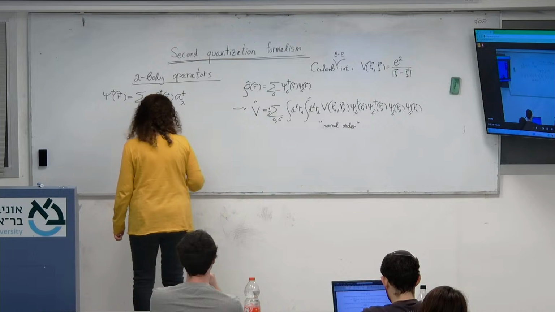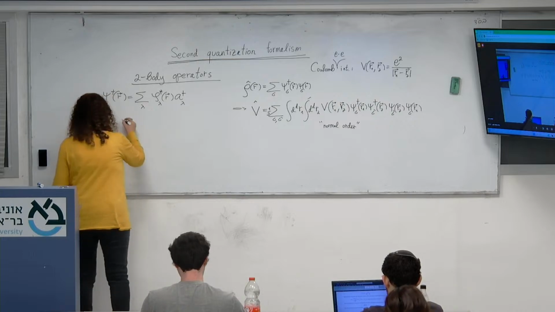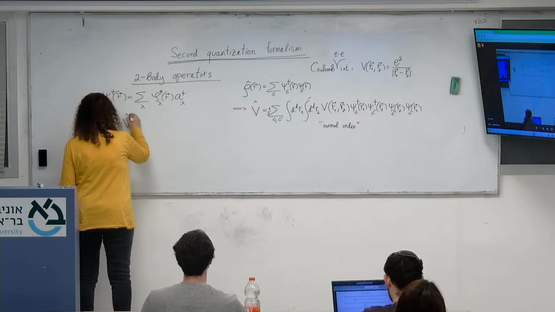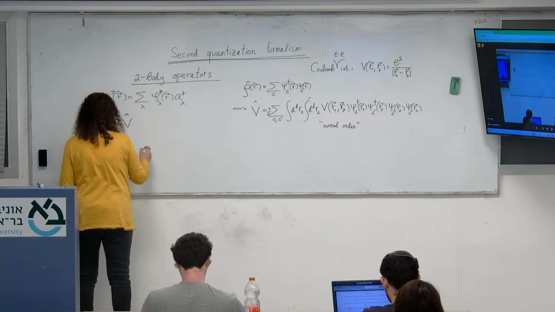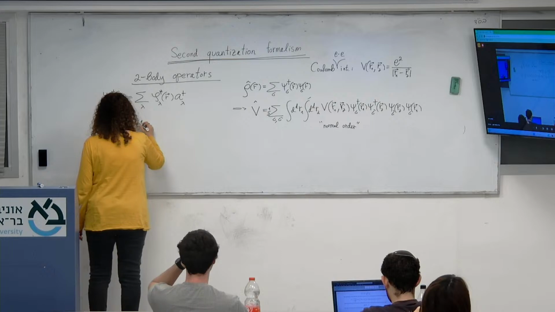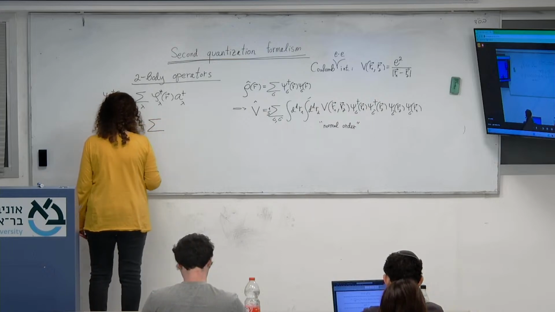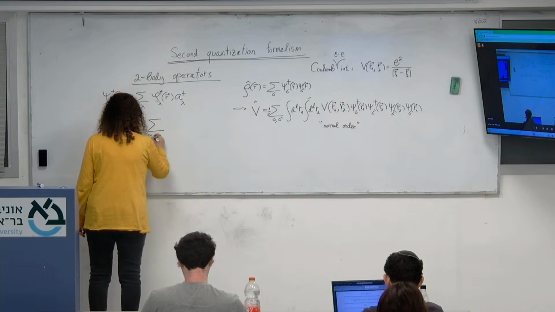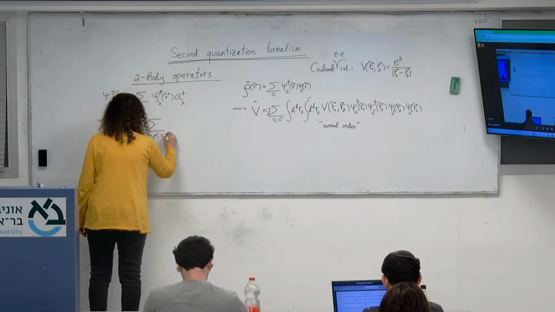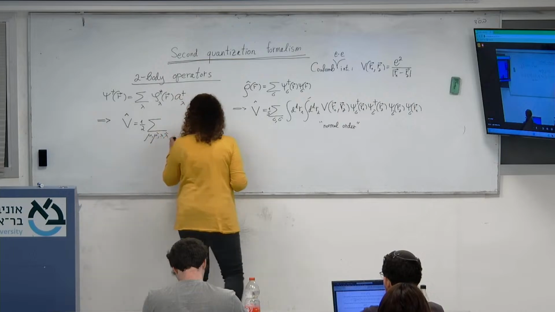And after you plug it in, and I'm not doing the algebra, but it's straightforward, you find that a more general representation of V is the following. You sum over 4 indices, which I call mu, mu prime, lambda, lambda prime.